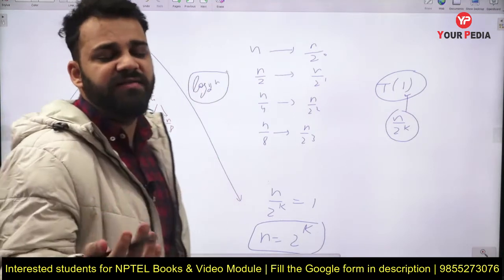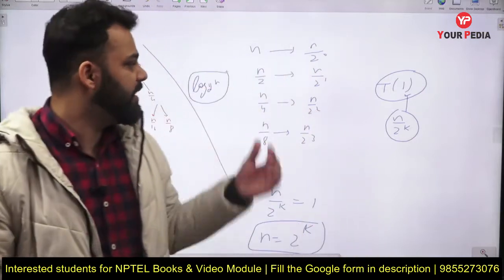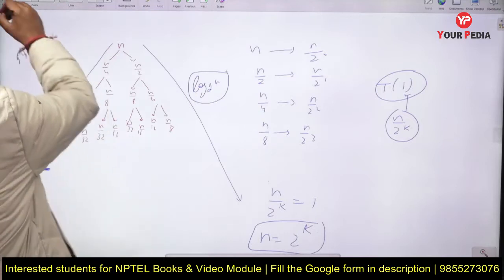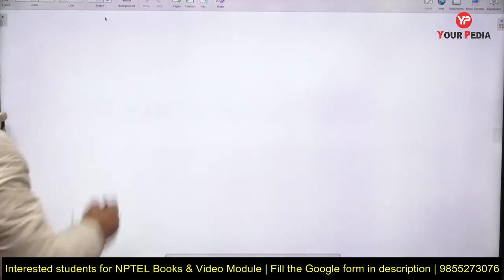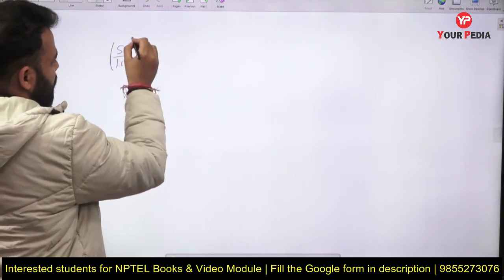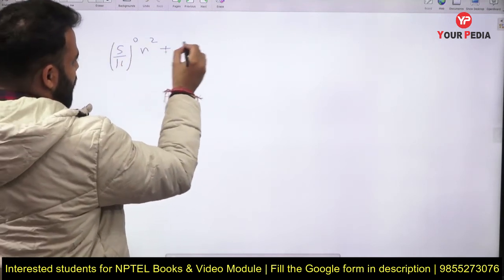Now at each level we have the remainder and we have the number of levels. Now we can find out the total time complexity for this. So at first level we have 5/16 raised to power 0 times n square.